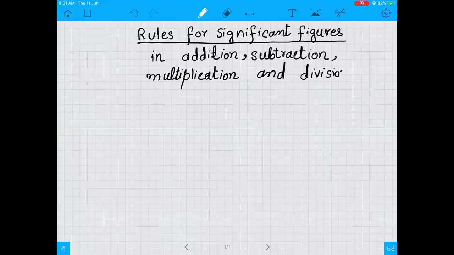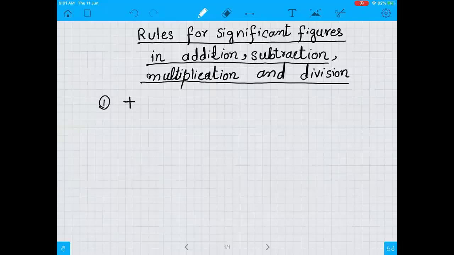Now we have to understand the rules for significant figures while adding, subtracting, multiplying and dividing. The first thing is the rules for addition and subtraction.